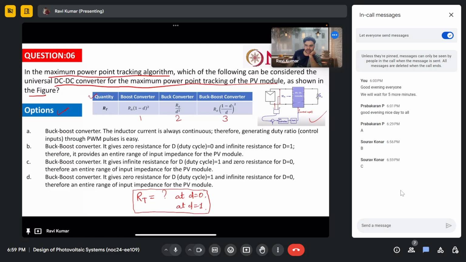It gives infinite resistance for duty cycle 1. RT equals to R naught into 1 minus D by D square.